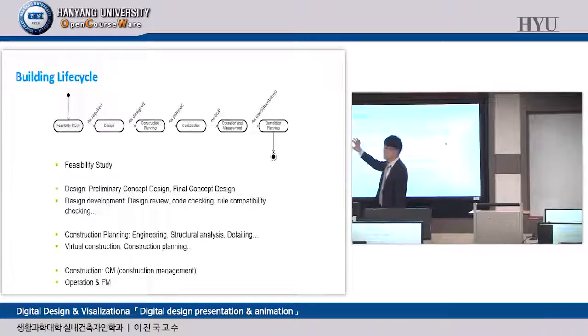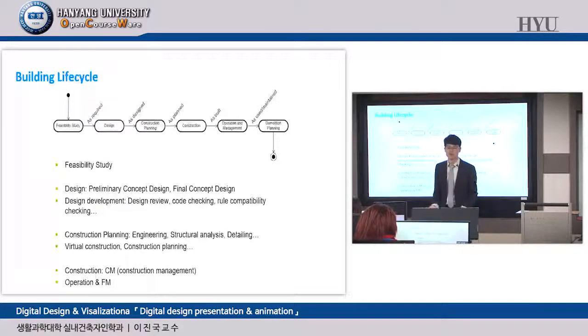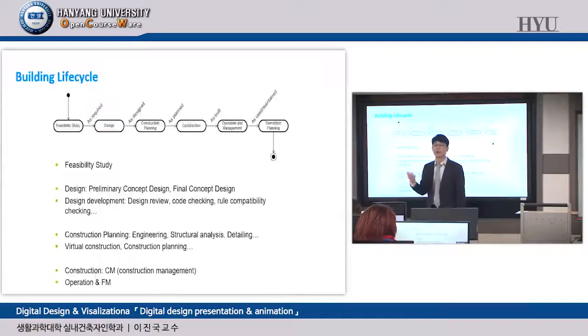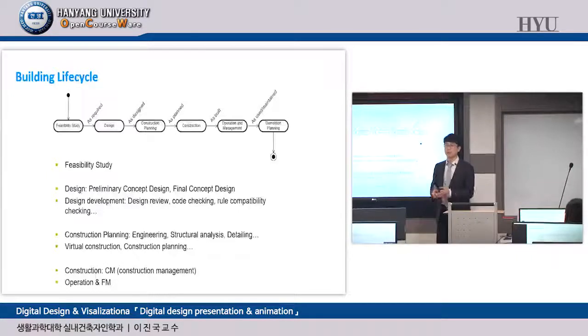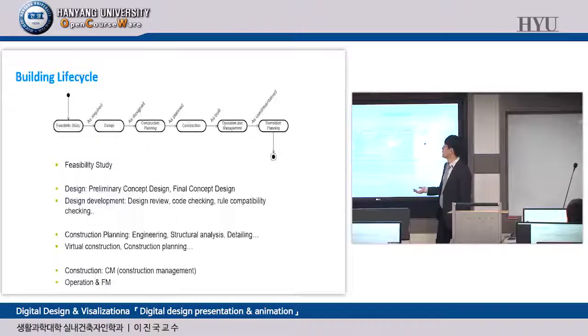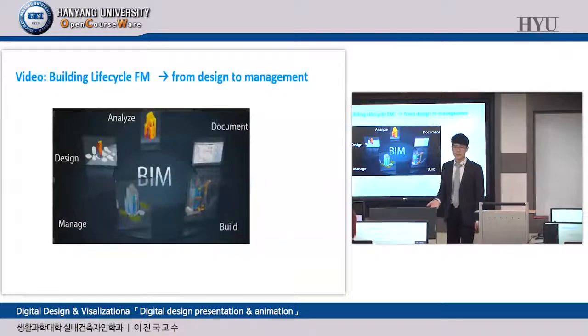In this phase, there is no real product, but we are working on a digital model in order to make better design, better construction, better management, okay? That is why we need to take care of the building life cycle, and we need some integrated approach to use computer tools.